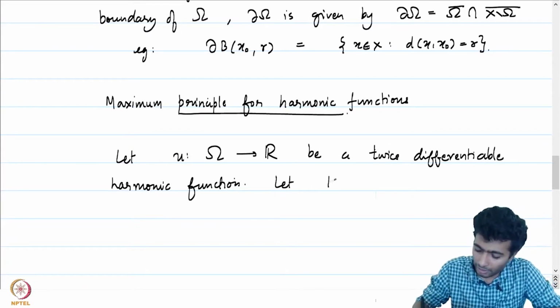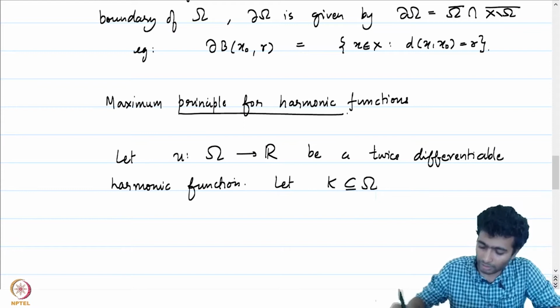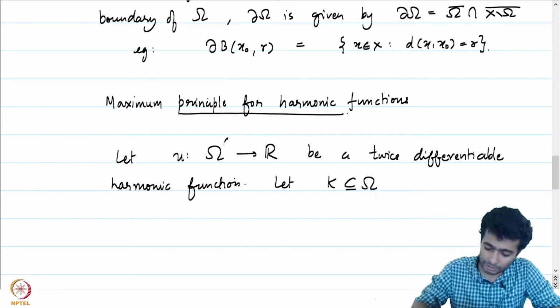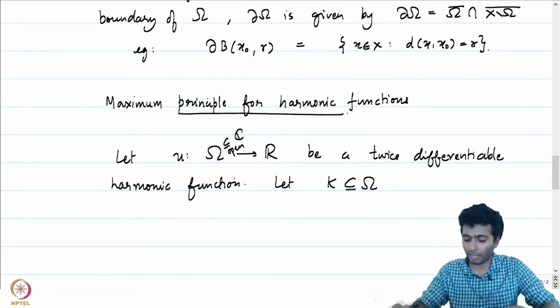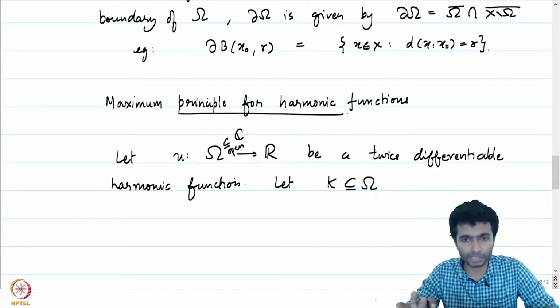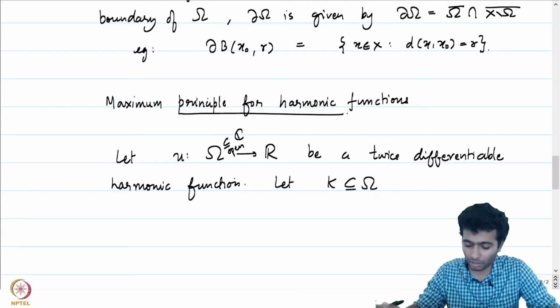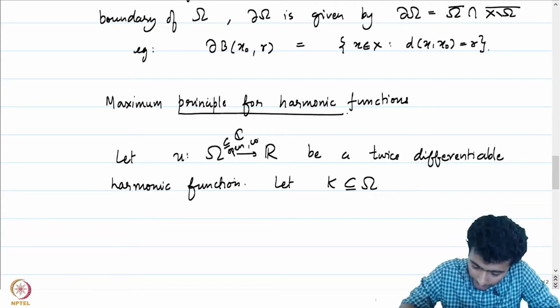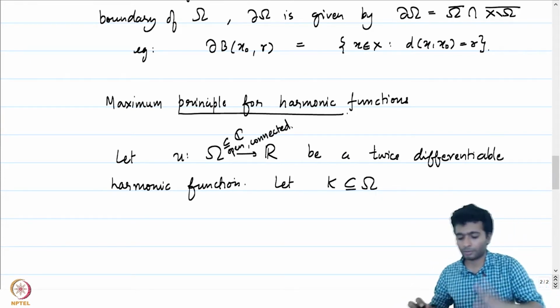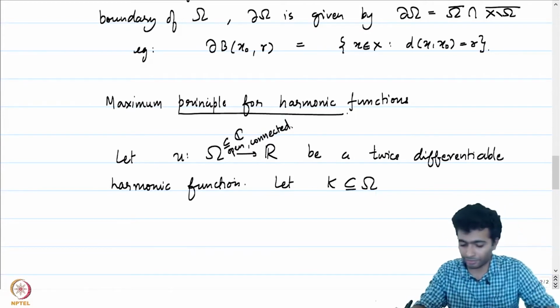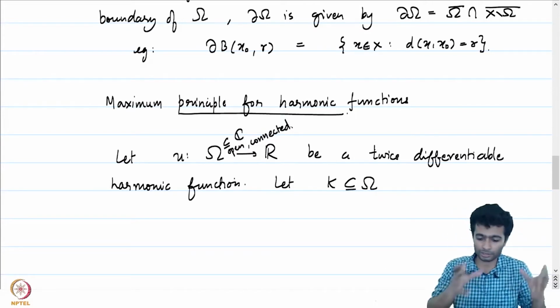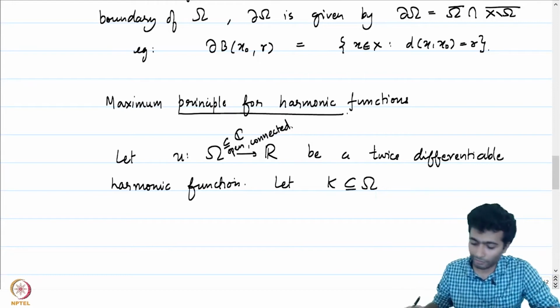Here omega is an open subset of C. I generally don't write it, but this is always the case. Let me put open connected. For the purpose of this proof, I don't think that is needed, but let's put that condition because we are anyway going to study all these things in connected components.